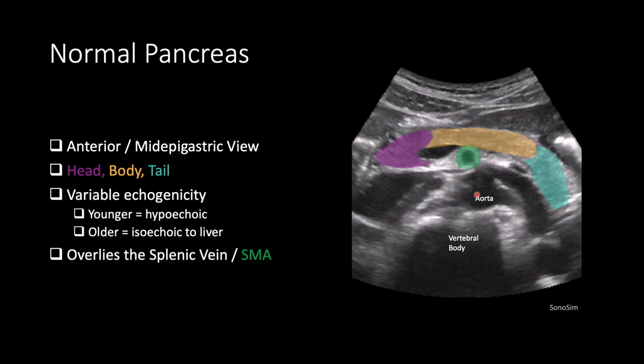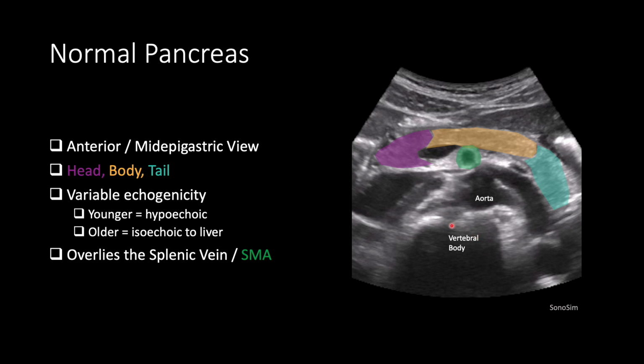The SMA comes off of the aorta. It's one of our unpaired branches of the aorta, and the aorta and the IVC sit right above our vertebral body, which we can see here as this echogenic line with posterior acoustic shadowing. And so this view is going to be important when we're looking at our aorta for the AAA screening or just to assess for dissection or any aneurysmal component of the aorta.